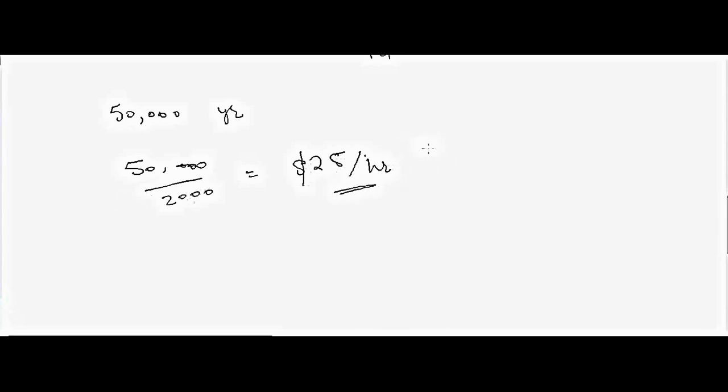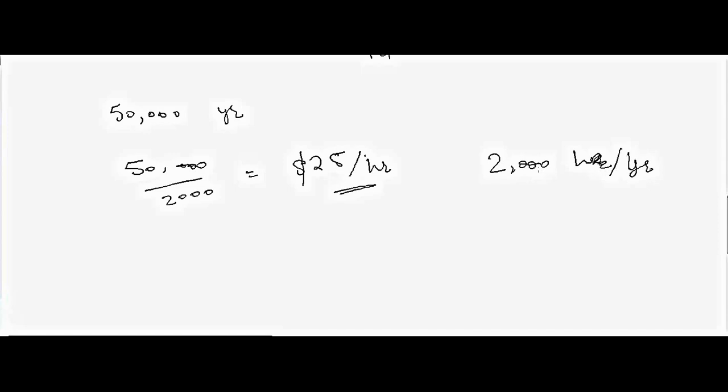And how did I come up with this number? Because there are approximately 2000 working hours per year. We take around 2 weeks of vacation, and if you add up the vacation, it's approximately very close to 2000.